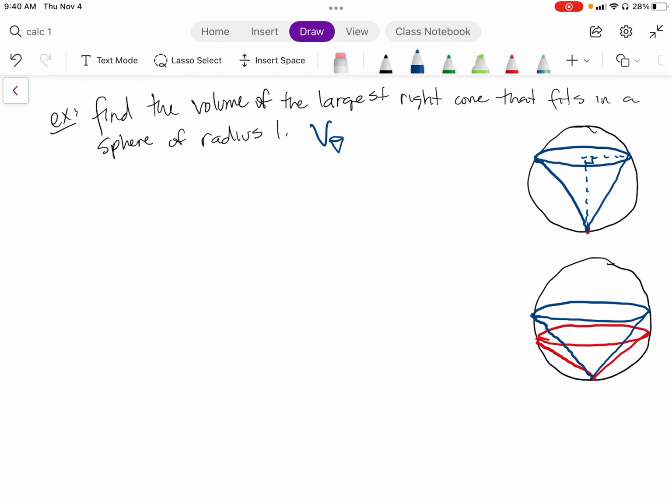Okay. The volume of a right cone in particular is 1/3 pi r squared h, where this diagonal is h and this is our r.